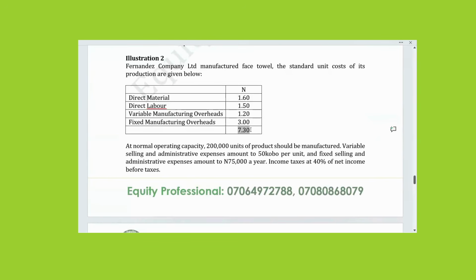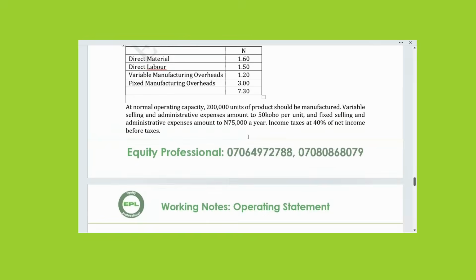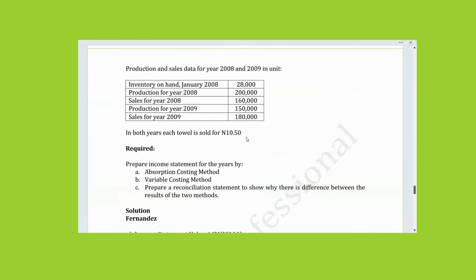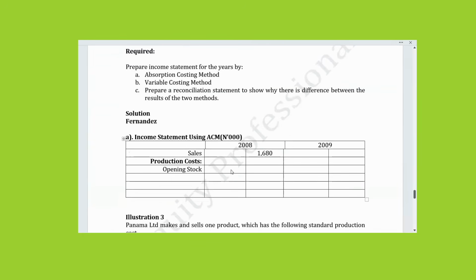Therefore, Festus, multiply for me. 7.3 multiplied by 28,000. What do you have? 204,400. 204.4, okay, that's it.